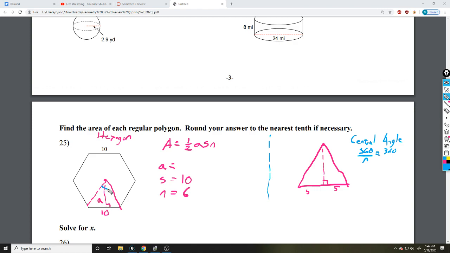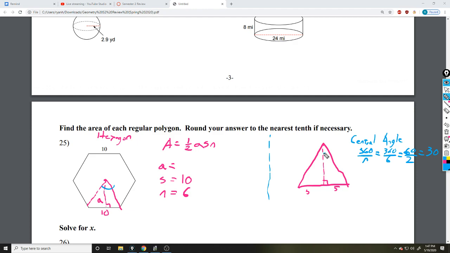To find this angle, well, there would be 6 of these triangles, so we're going to divide by 6. There's a triangle for each side. So that's why we're dividing by number of sides. And there we get 60. So we're going to cut that in half to get 30.